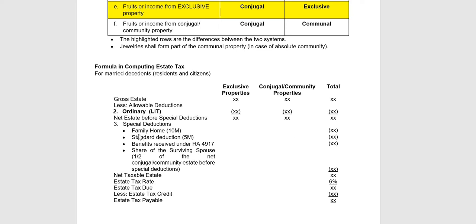So, we have the net estate before special deductions: net exclusive and net conjugal or community property. We have special deductions: family home, 10 million, standard deduction, 5 million, benefits received under RA 4917, and then the share of the surviving spouse, which is one-half of the net conjugal or community property. Then you get your net taxable estate times the estate tax rate, then your estate tax due.